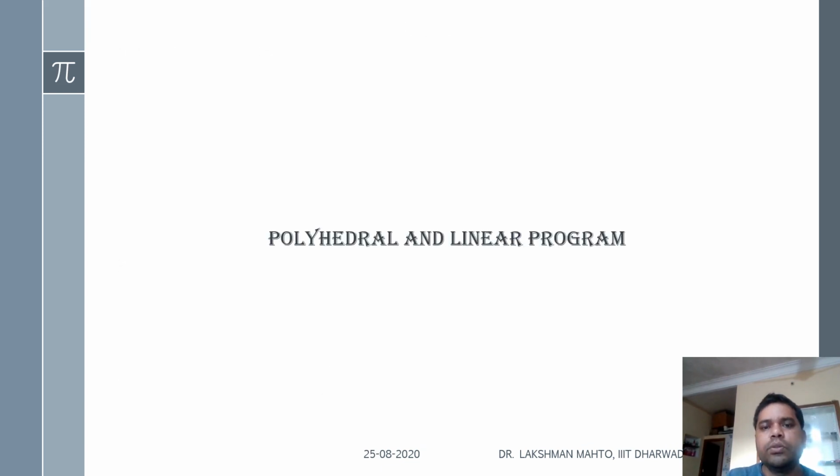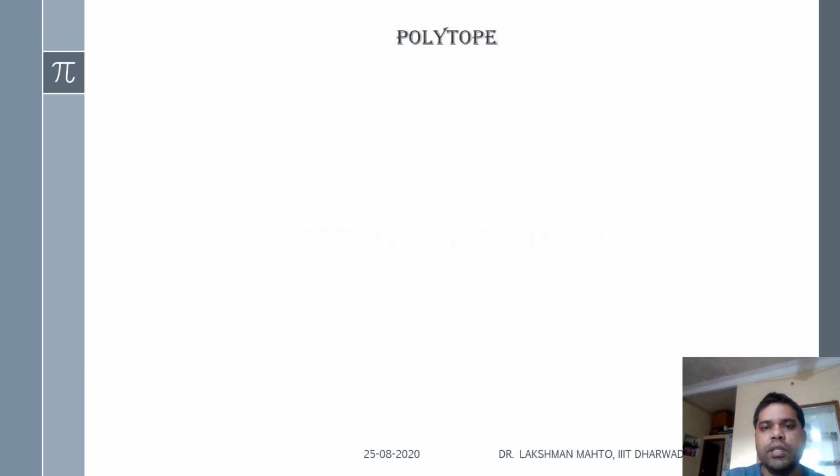Now, coming to polyhedral and linear programs, first we need to talk about the variety of polyhedral sets existing as convex sets. Almost every polyhedral set happens to be a convex set. The first one is the polytope. What is a polytope?